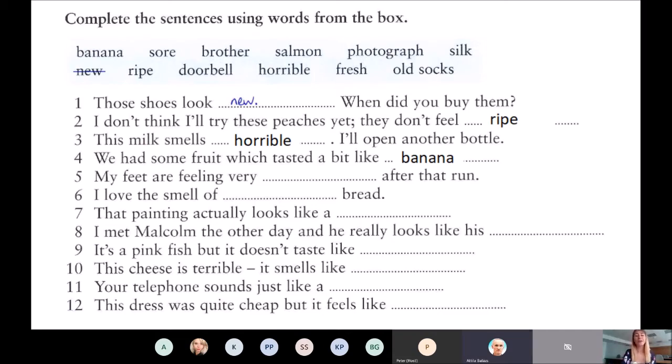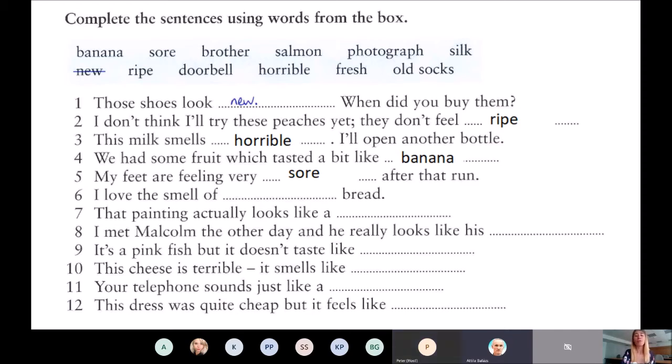What about number 5? My feet are feeling very sore after the run. Sore, so they're tired. My feet are very sore after the run. What about number 6?